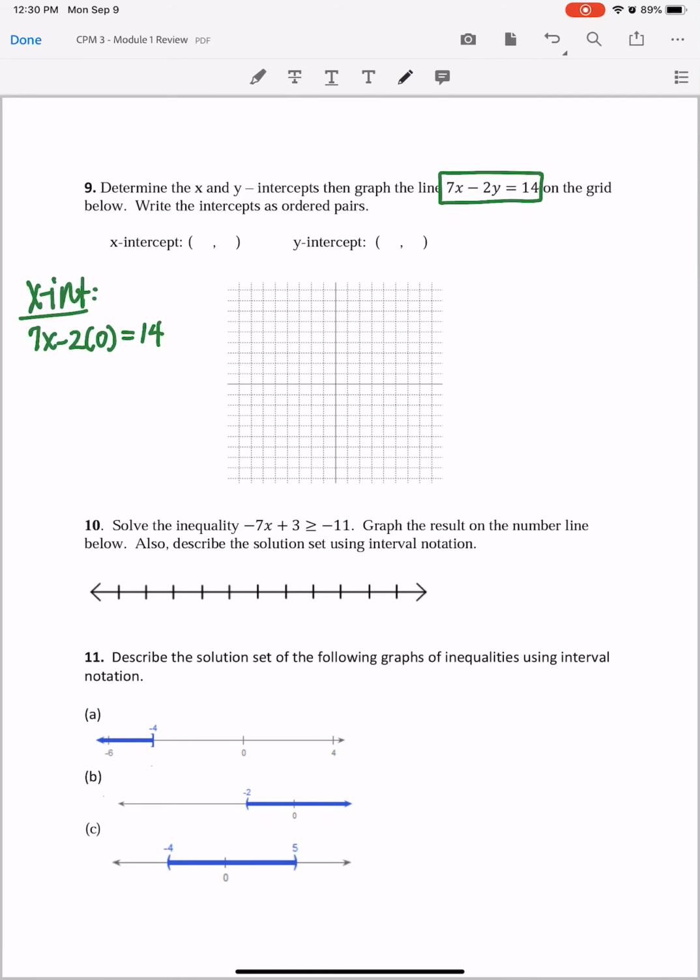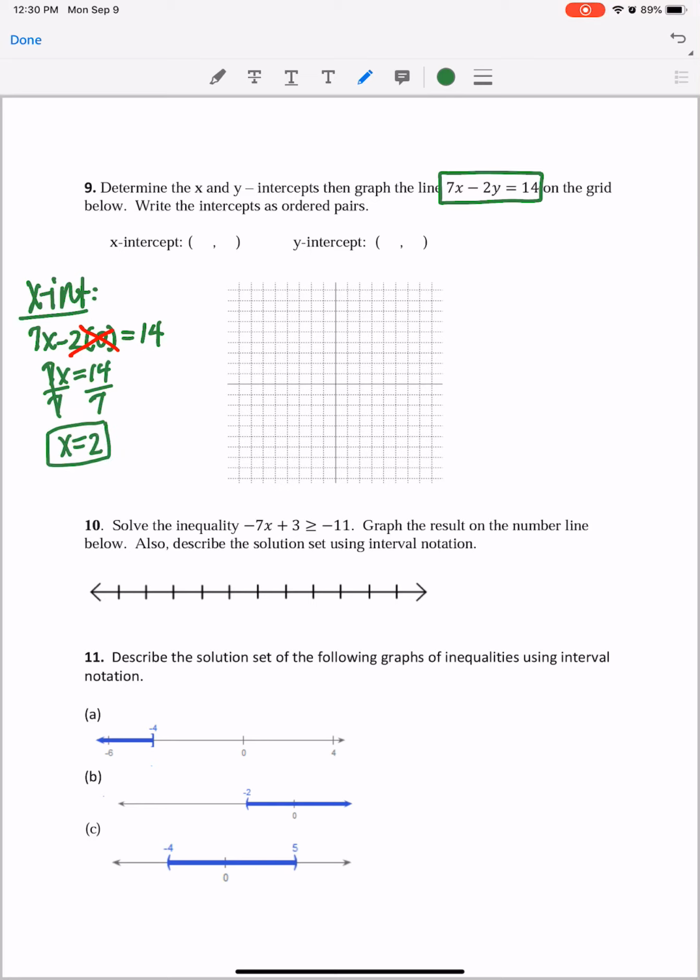So, 0 times anything is gone. So I have 7x equals 14. Divide by 7, and we get x equals 2.